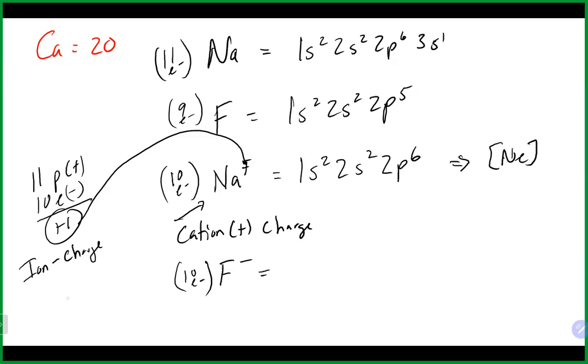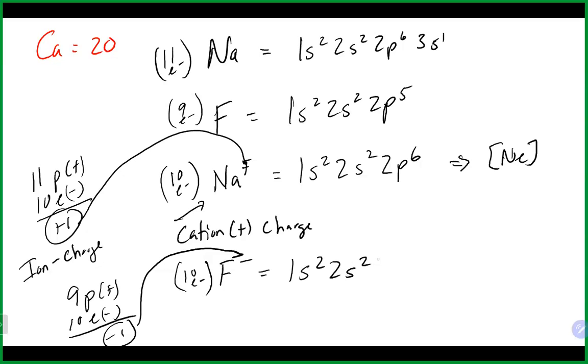And that is because fluorine has 9 protons and will need 10 electrons to give us a -1 charge overall. 9 positive things, 10 negative things leaves you 1 negative thing left over, which is where the charge comes from. And we also need to adjust it. It would be 1s2, 2s2, 2p6, or it would also be neon's configuration.